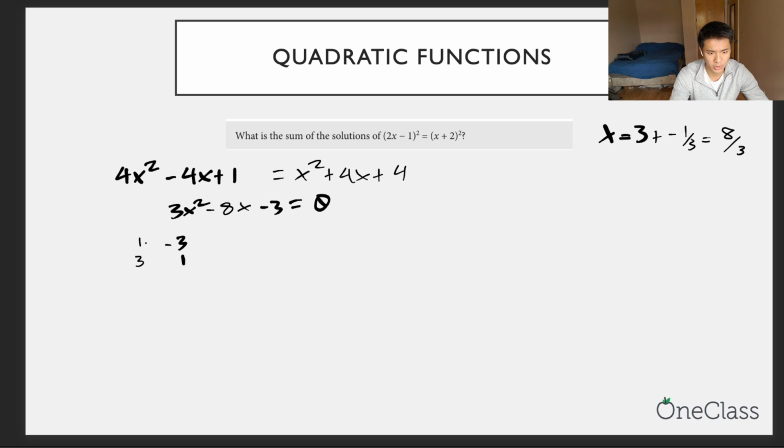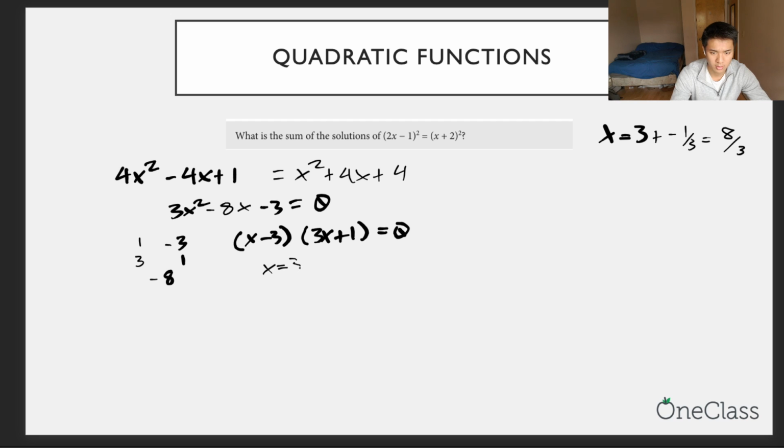So taking a look at this equation, we have 1 times 1 is 1, 3 times negative 3 is negative 9, negative 9 plus 1 is negative 8, and this is going to be the right roots for us to take, right? So we have x minus 3 times 3x plus 1 equal to 0.